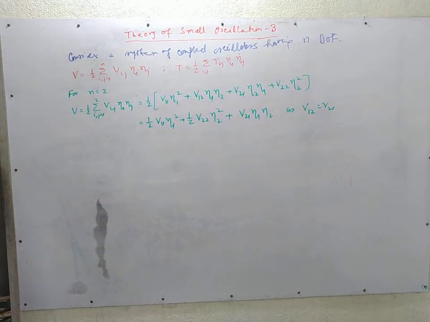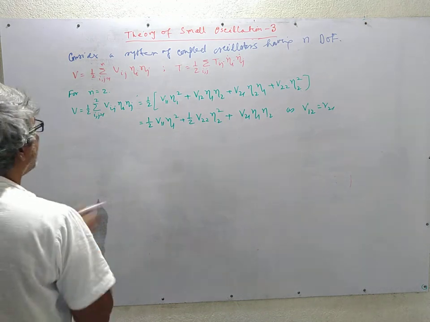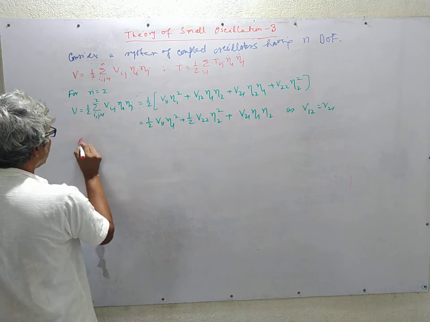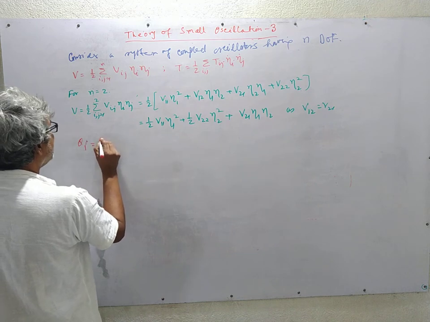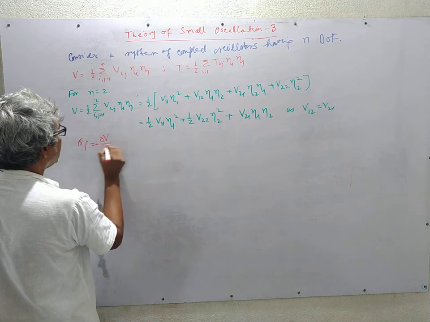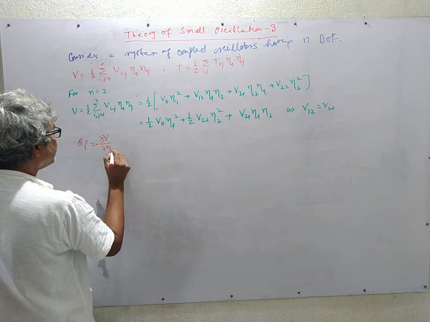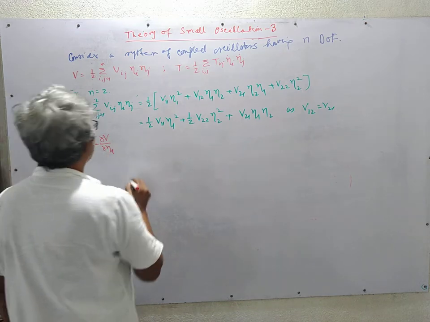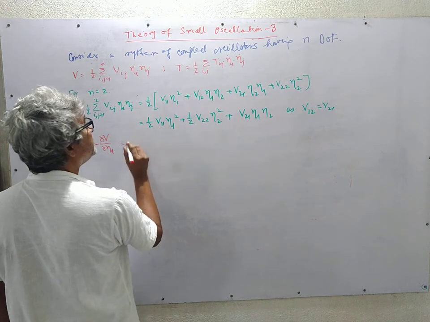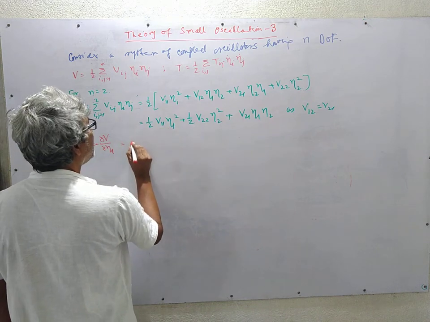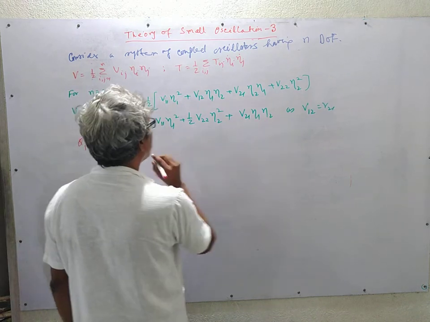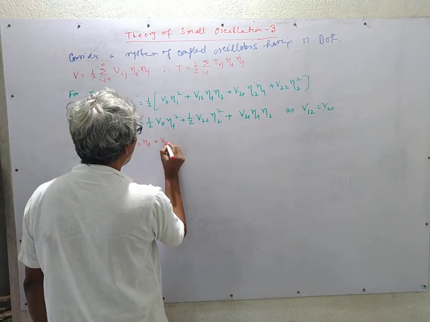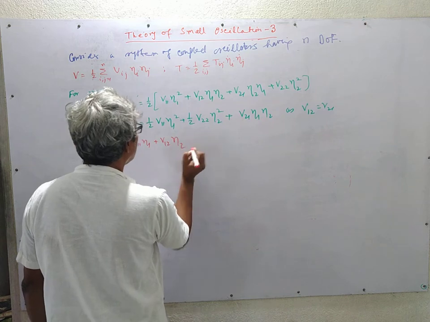Now if we want to find out the force corresponding to component 1, so what is Q1? Q1 is equal to minus del V del eta 1. In that case, from it we have V11 eta 1, and from this term we get V12 eta 2.